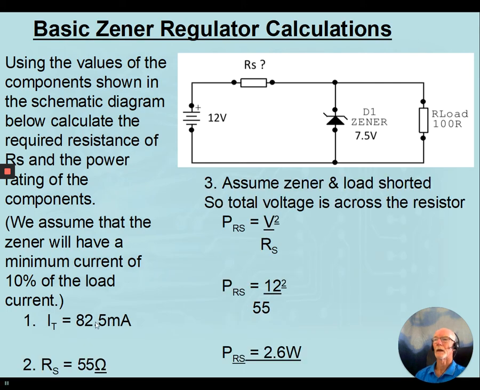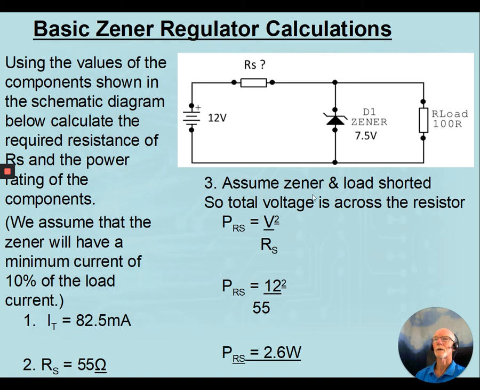So we have 82.5 milliamps maximum current, 55 ohm resistor. What is the power rating of that resistor? Because remember, resistors have two values, their ohms value and their power dissipation value. So power is equal to V squared over R, so 12 squared.